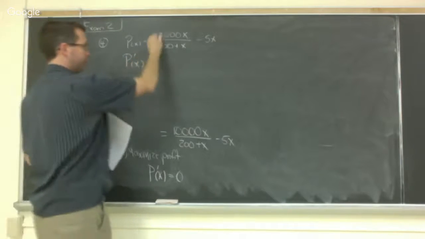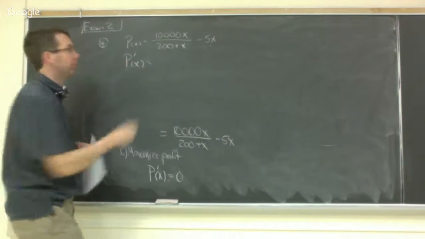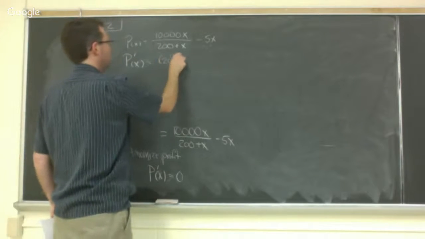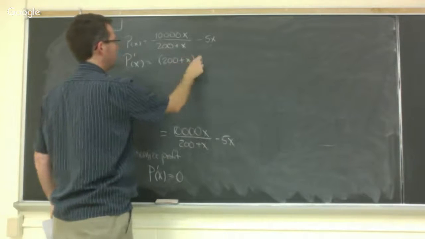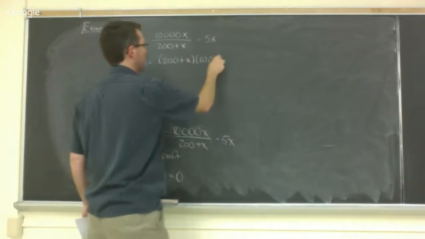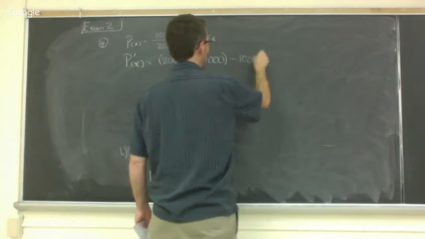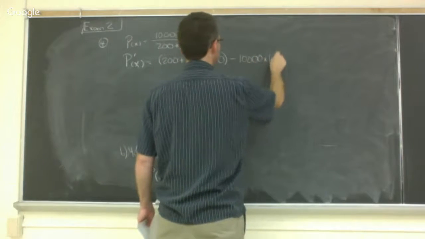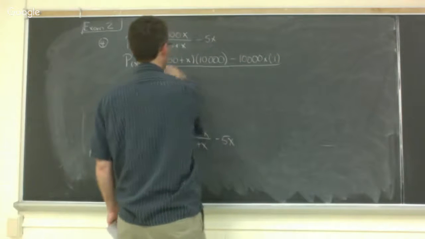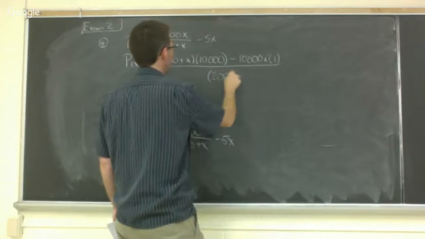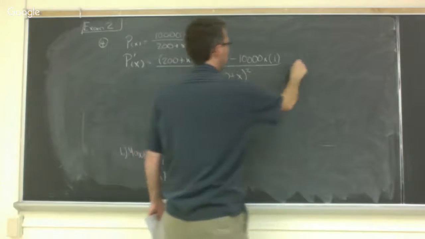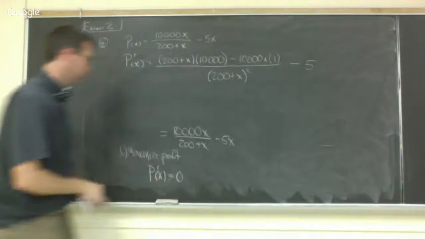I have to use the quotient rule. Low, 200 plus x, d high, so that's times 10,000, minus high, 10,000x, d low, which is 1, over low squared, 200 plus x squared, and then we have to remember the minus 5.